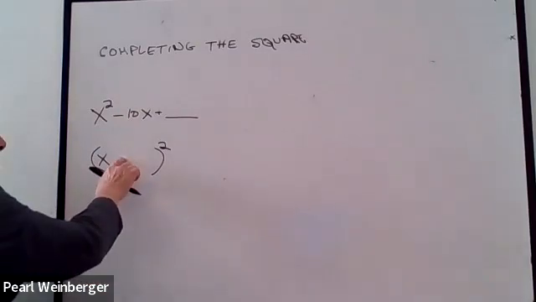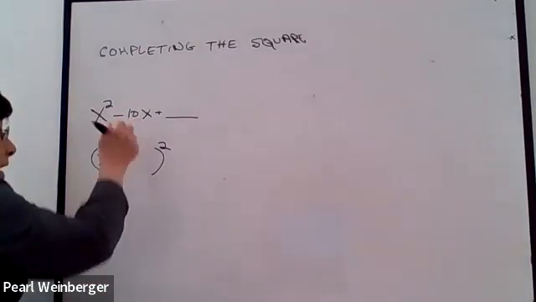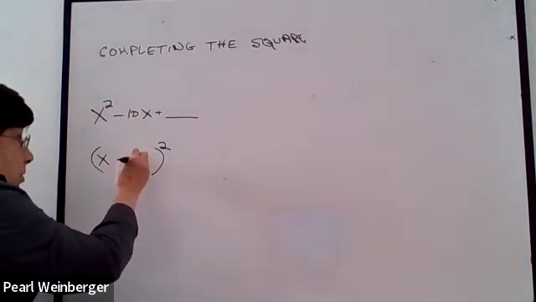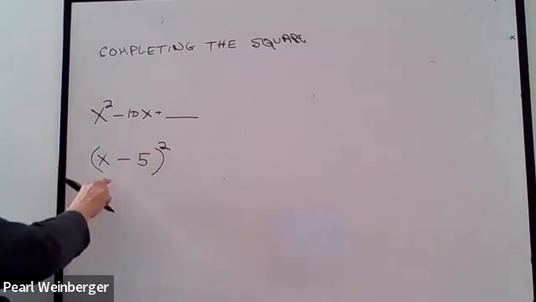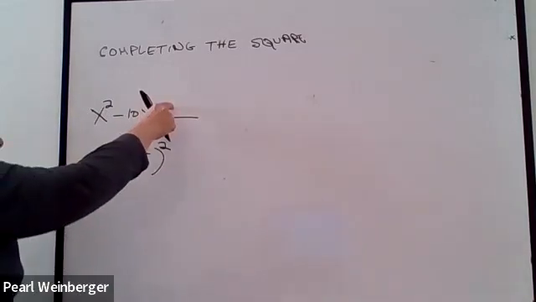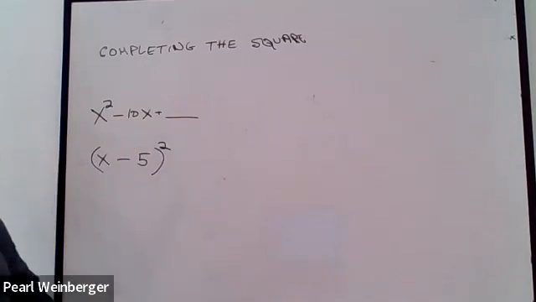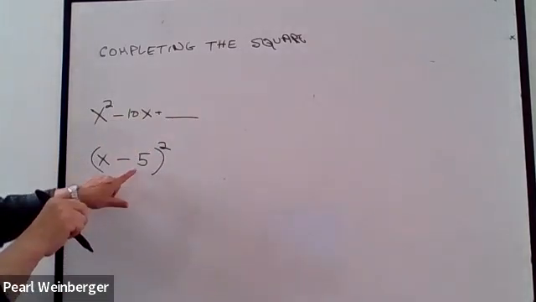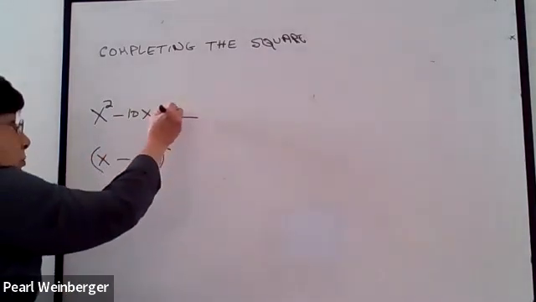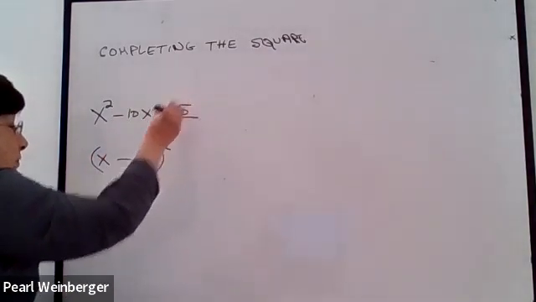In other words, the number over here has to be half of that. It has to be -5. And not only that, the last number, which I didn't give you, you can now figure out, because -5 times -5 is going to give you plus 25.